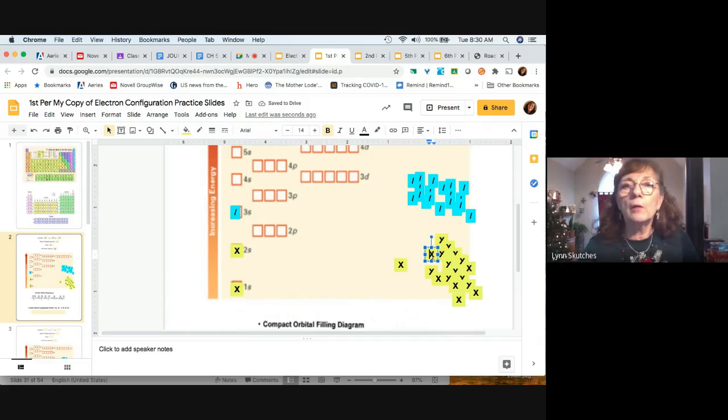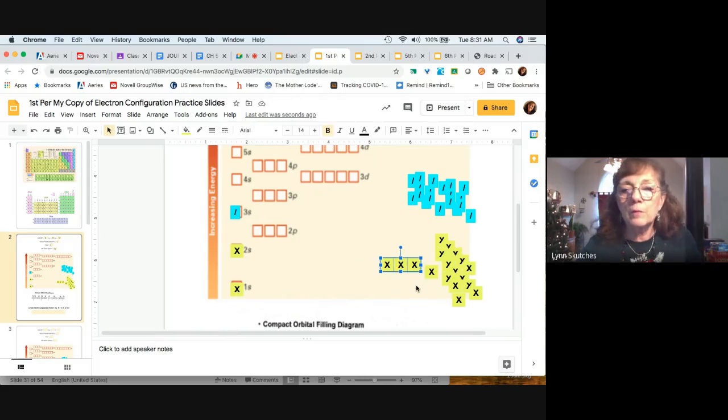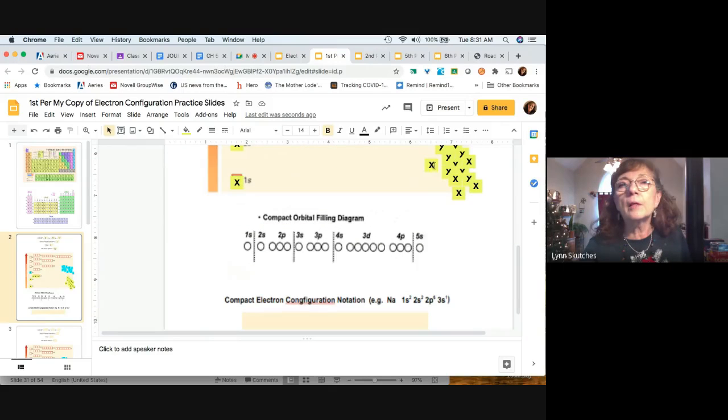We have them all ready to go here, and one more. So I'm going to pick all of those and move them to 2p. So in the 1s I have 2, in the 2s I have 2, in the 2p I have 6, and then in the 3s I have 1. Same process down here. I don't know why I can't make them just drag. It's really annoying.